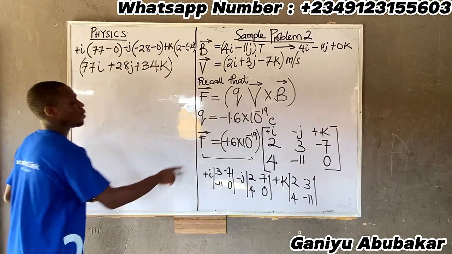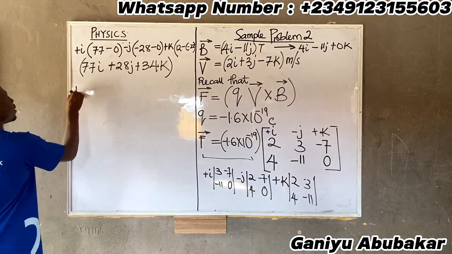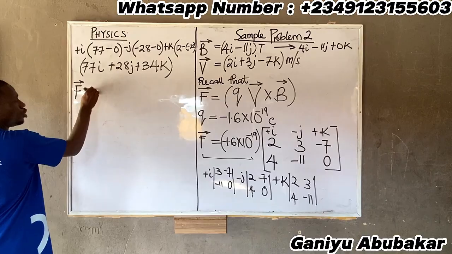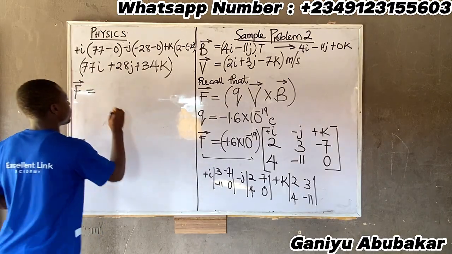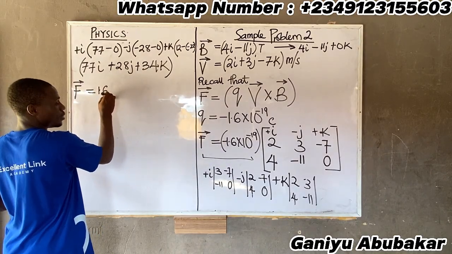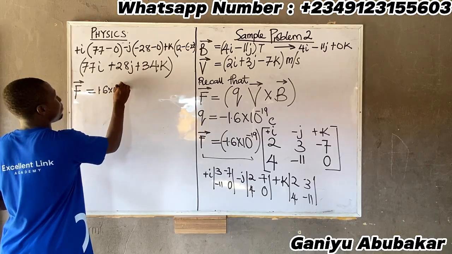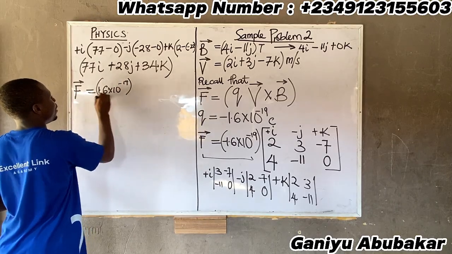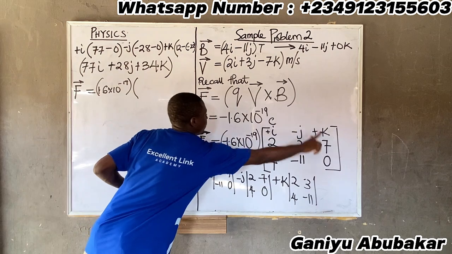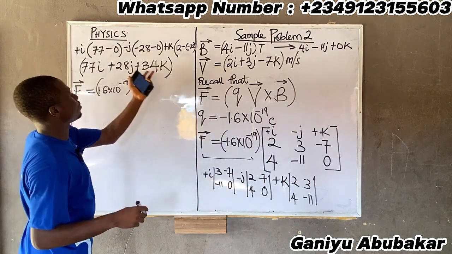Moving on, coming back here, I'll have that F is equal to this value here, 1.6 times 10 to the power of minus 19, into everything here now comes down to this.